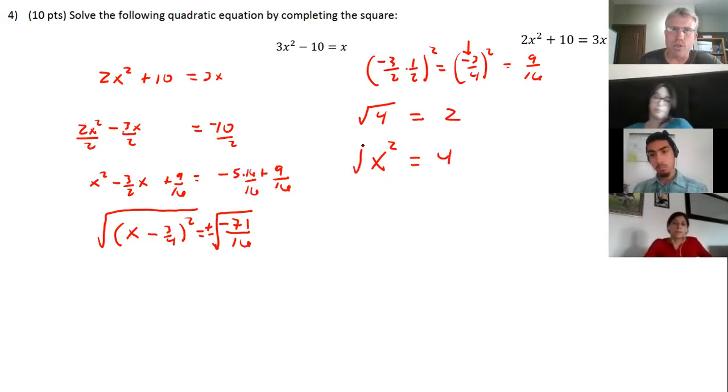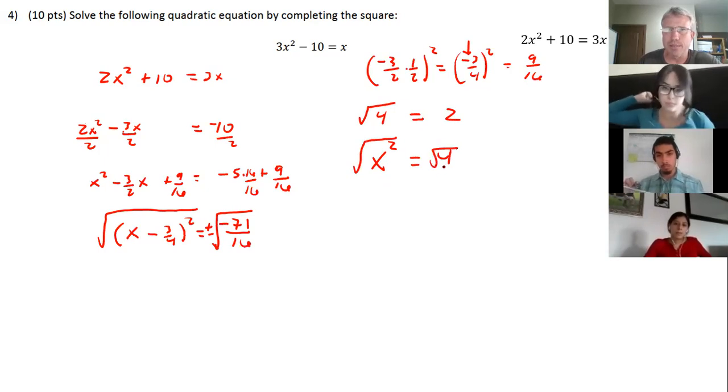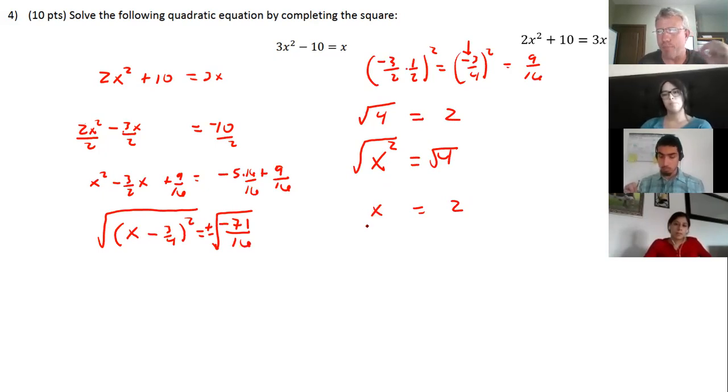So if I do the square root of both sides, and the square root of 4 is just 2, it's only positive 2, I lose something that when squared will give me a 4, because it's also true that if I square a negative 2, I get a positive 4 as well.